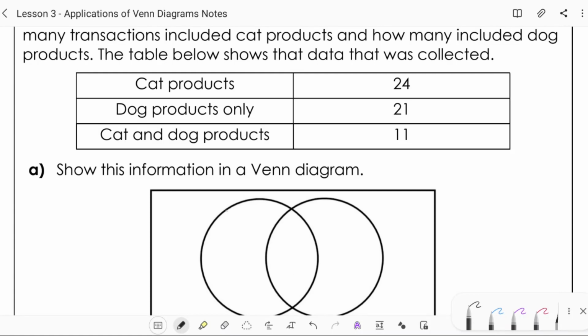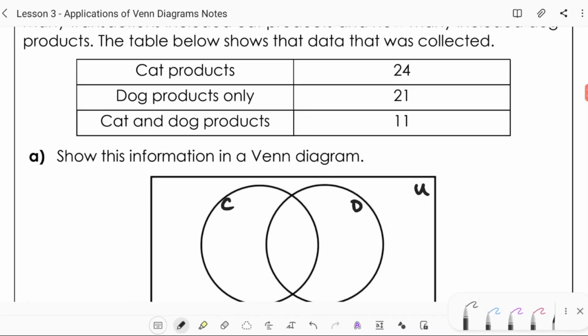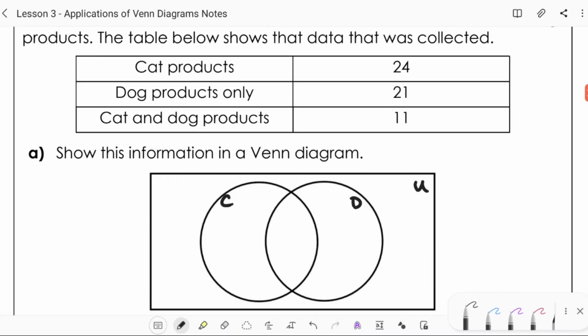All right, let's set up our Venn diagram. So we have our universal set, we have cat products, we have dog products. So cat products, notice it doesn't say any words like only, so that would be the entire set of cat products. Anything that's involving more than one location is probably not the place we want to start.